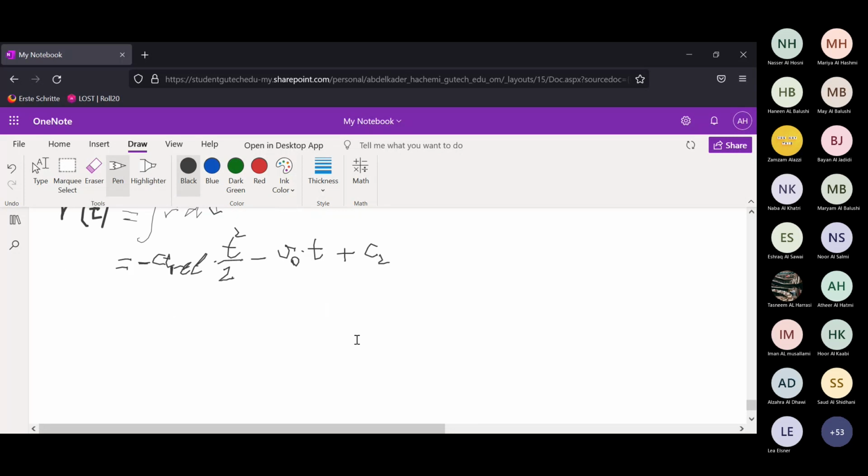What we have from the exercise is R at time t0 equal to 0.